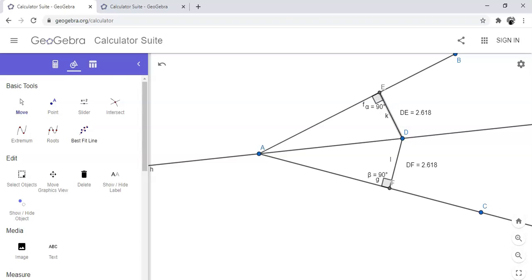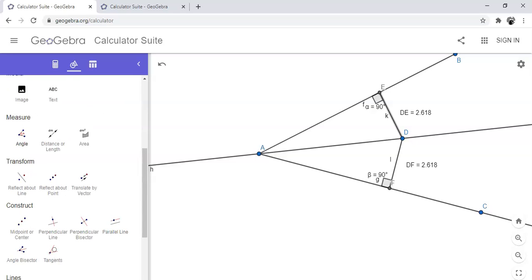Second, we drew in the angle bisector. So this angle has to be bisected. Right, so these two angles down here are the same.